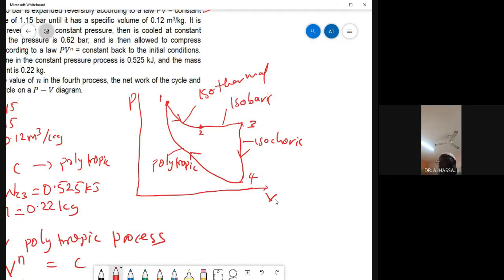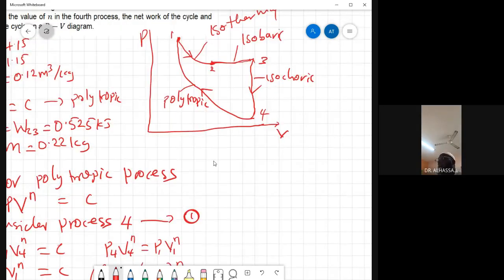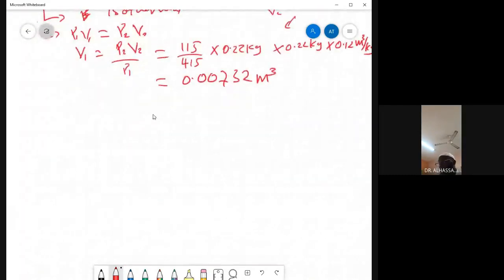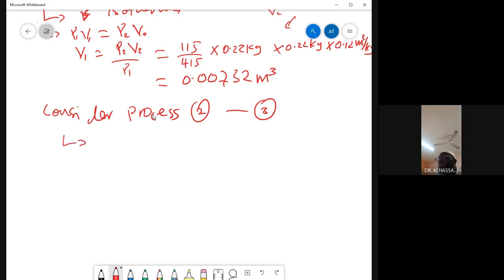But we can easily calculate V3 because we know that the work done from state 2 to state 3 is by an isobaric, constant pressure process. So let us consider process 2 to 3, and this is isobaric.